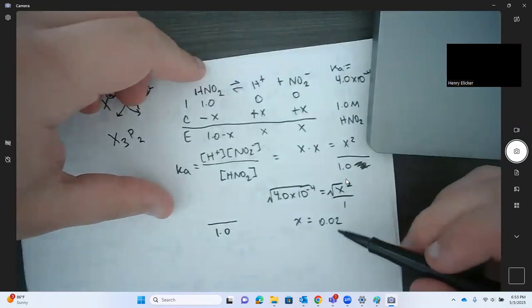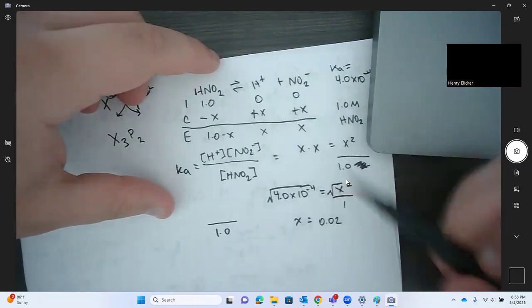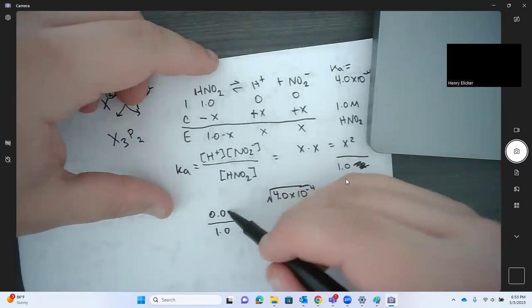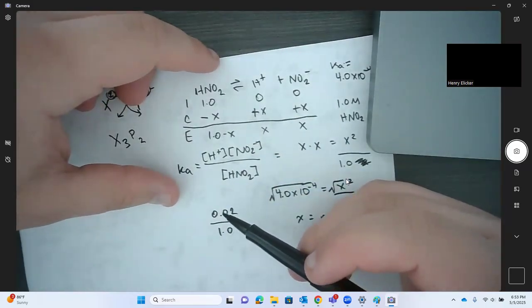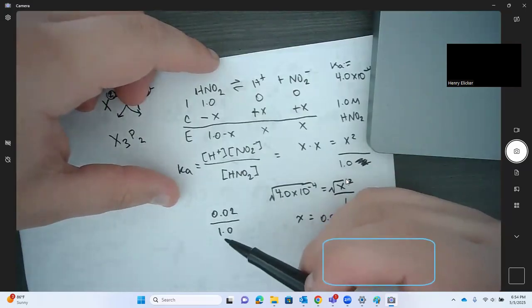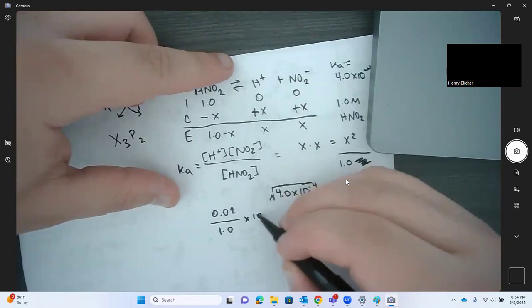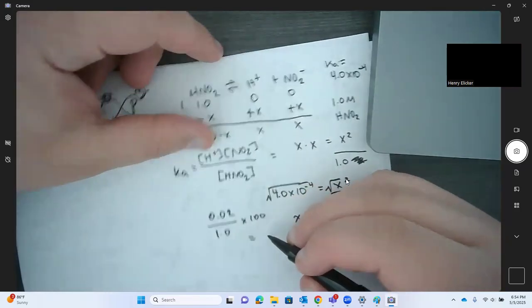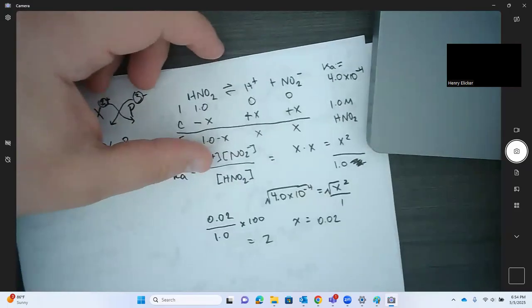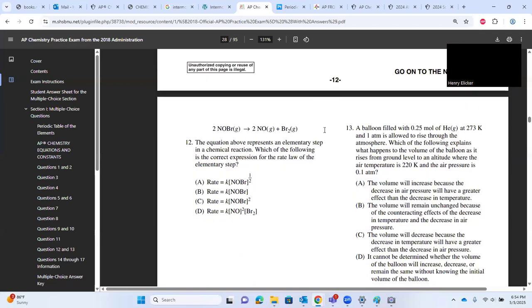And we just determined that the molarity of the products is 0.02. So we're looking at the fraction of how much is actually created or ionized versus the original. That's just what a percent is, part over whole in general. So that's times 100. I think we would get 2. So just about 2%. And that is D. Okay. That should agree with the answer.